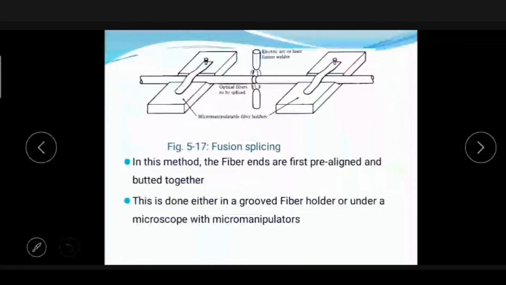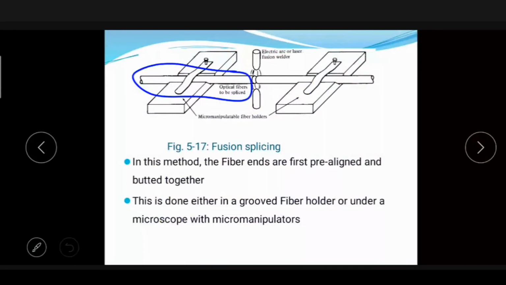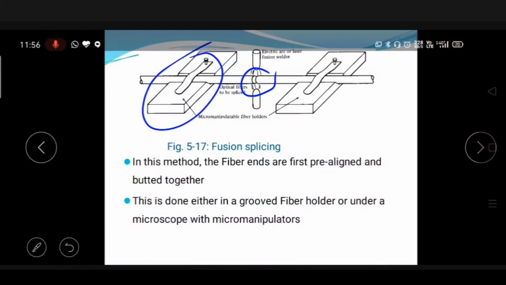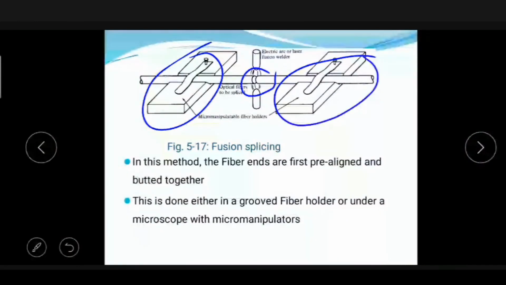So how? See here. This is one fiber. This is another fiber. You can see that a joining process is done here. And these are fiber holders, the mechanical setup for this splicing process.